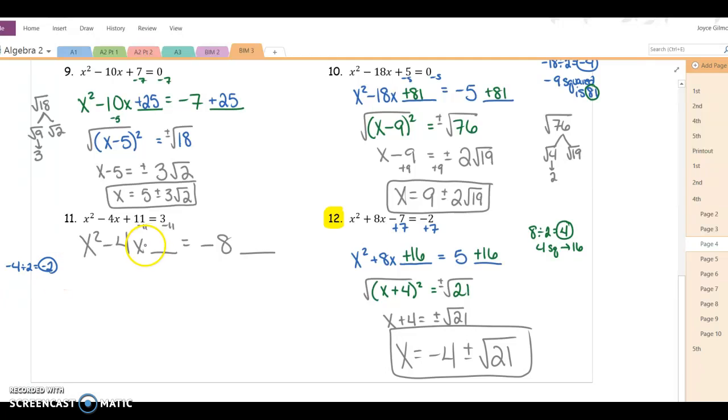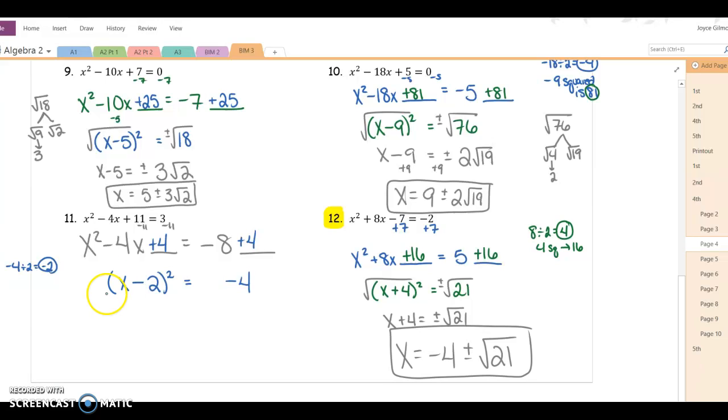Negative 2 squared is positive 4. We're going to add 4 on both sides. So what is the factored form? x minus 2 squared. And the right side is negative 4.